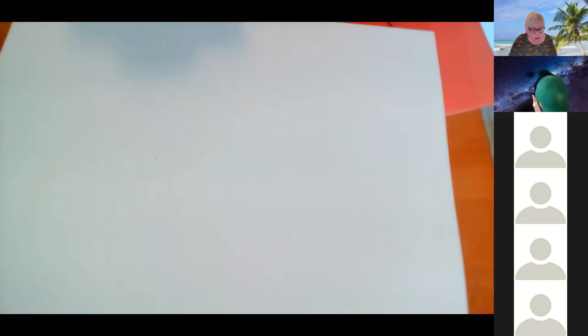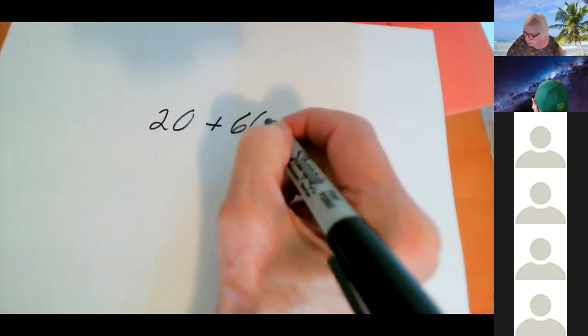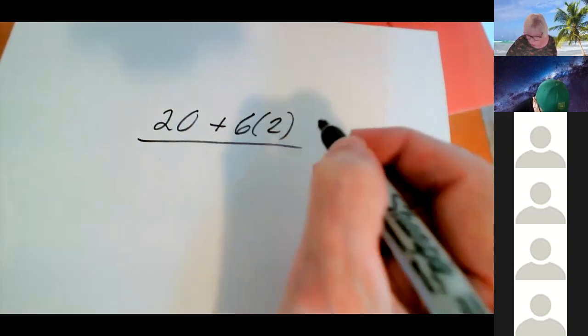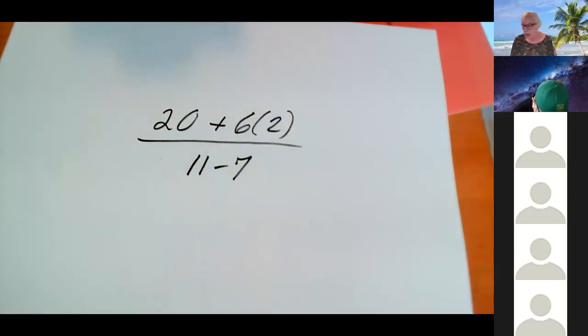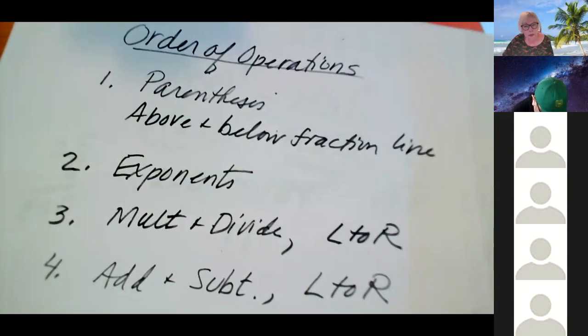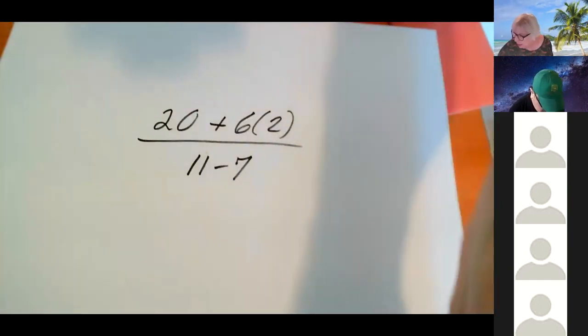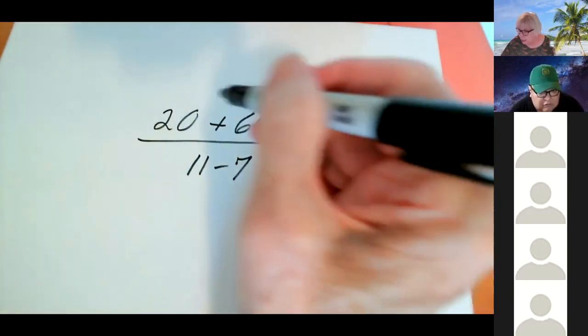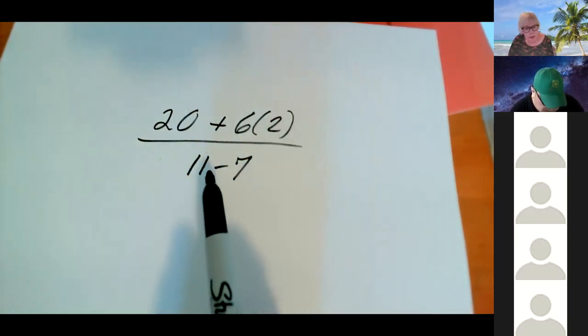I wanted to show you above and below the fraction line. So here it goes: 20 plus 6(2) over 11 take away 7. This rule about the first level, above and below the fraction line, is basically saying the top of the fraction line is a group and the bottom is a group.